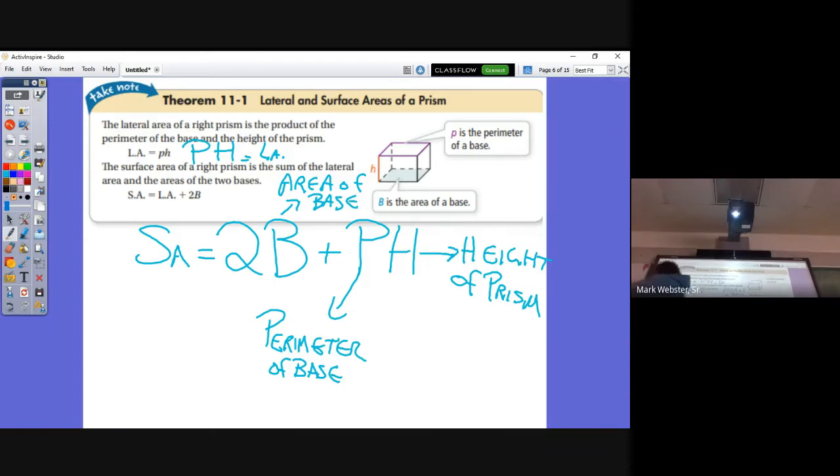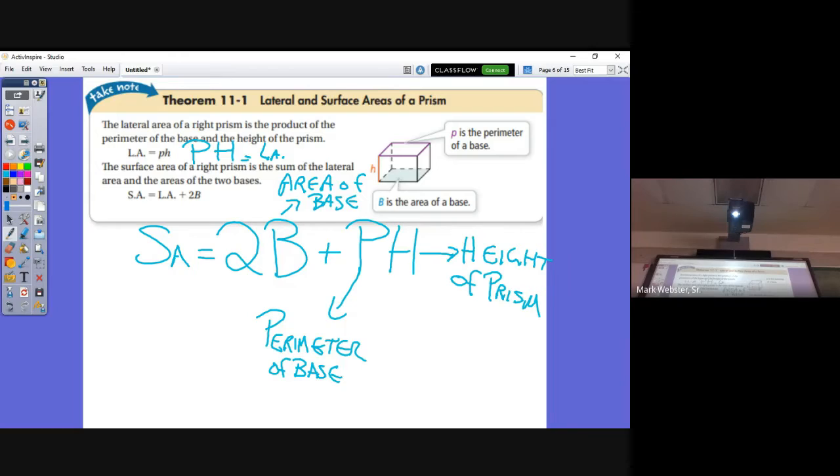If you are going to internalize one formula, this is a good formula to internalize because it's going to get you what you need. So 2 times the area of the base plus the perimeter of the base times the height of the prism. If you are able to figure out those things, this suddenly becomes much easier just in general to attempt to calculate.